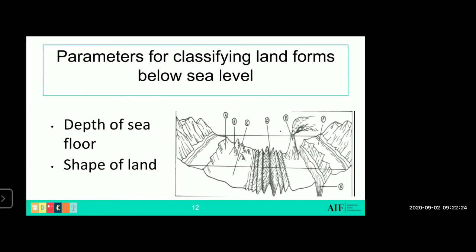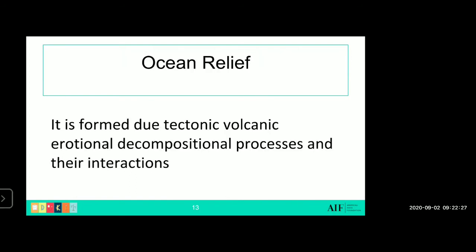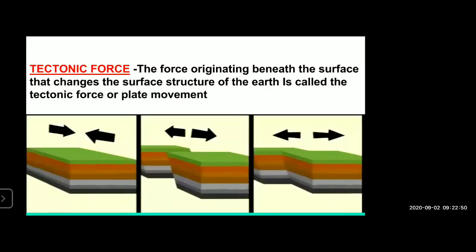Now let us learn about the relief of the ocean floor. Ocean relief is formed due to tectonic, volcanic, erosional and depositional processes and their interactions. Here the word tectonic means the force originating beneath the surface that changes the surface structure of the earth is called tectonic force.